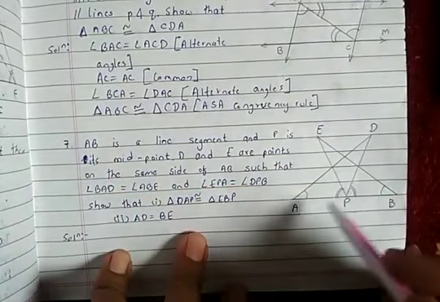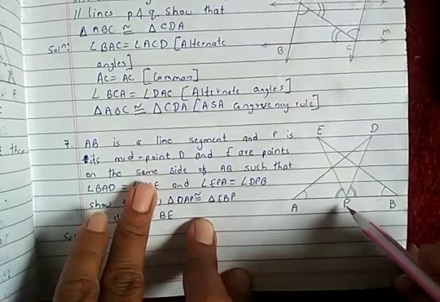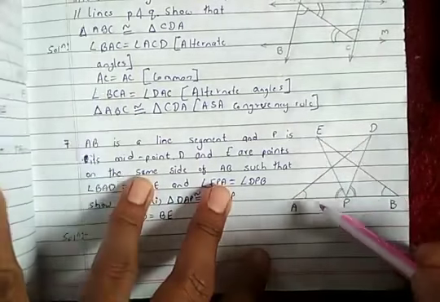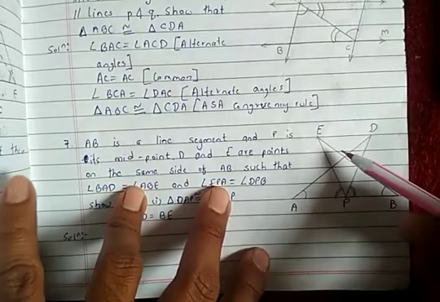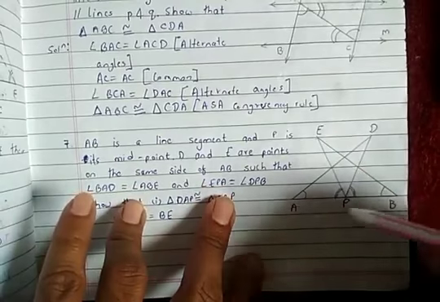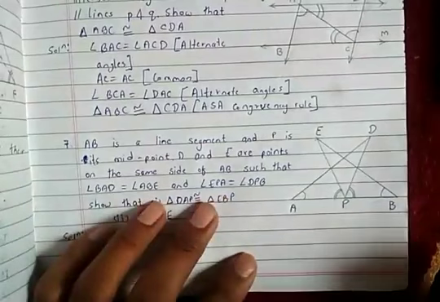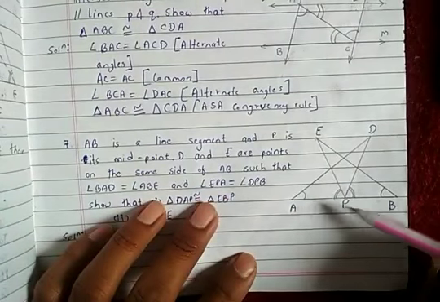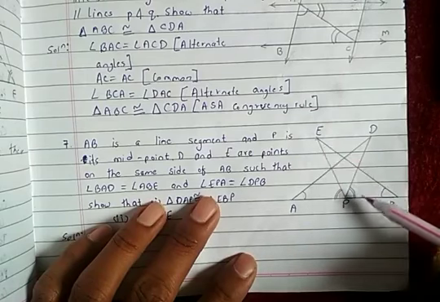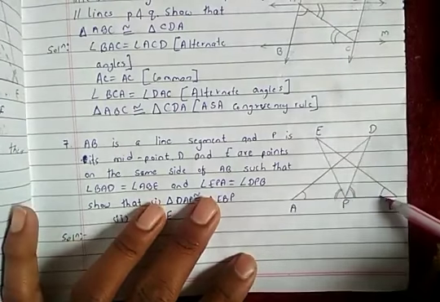This AB is a line segment and P is its midpoint. That means distance AP is equal to distance PB, and D and E are points on the same side of AB. Both are on the same side, such that angle BAD is equal to angle ABE and angle EPA is equal to angle DPB, right?